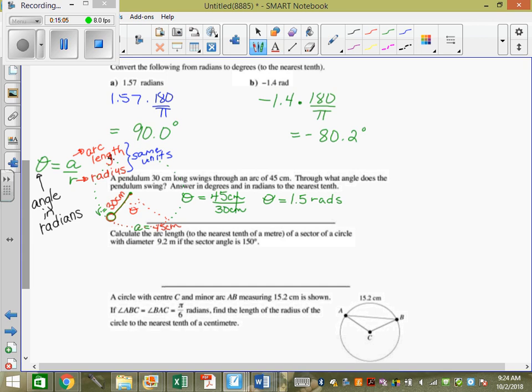It says to the nearest tenth. And then degrees to radians, pi on top. Radians to degrees, pi on bottom. So we're going to get 1.5 times 180 divided by pi.